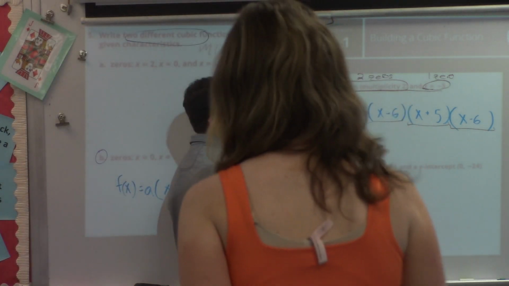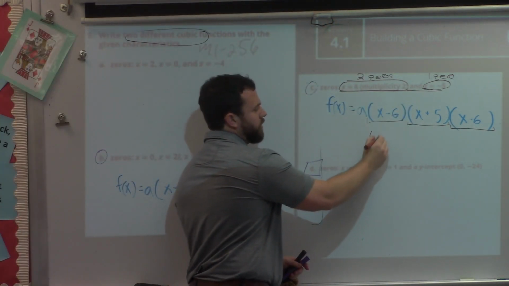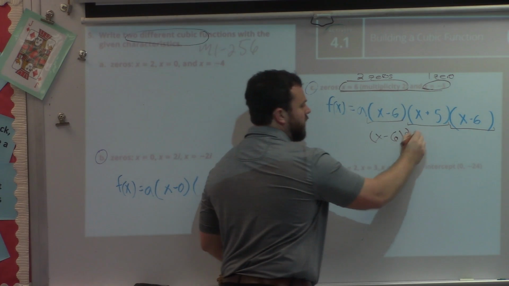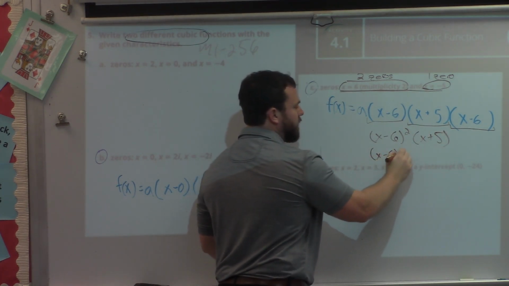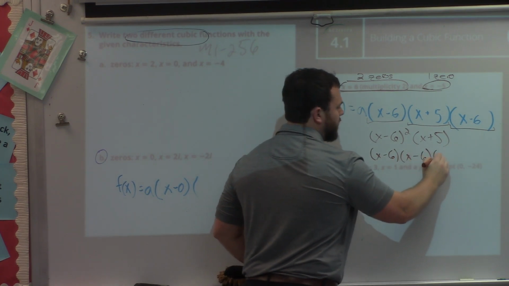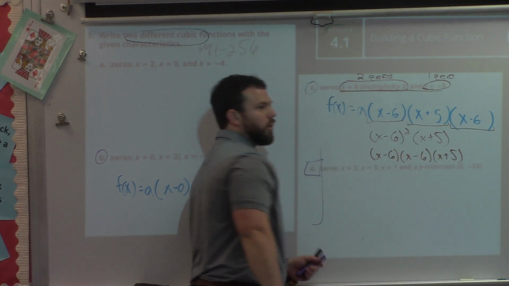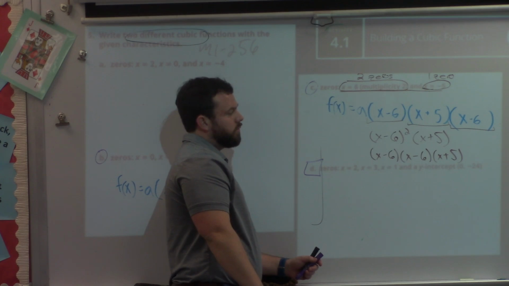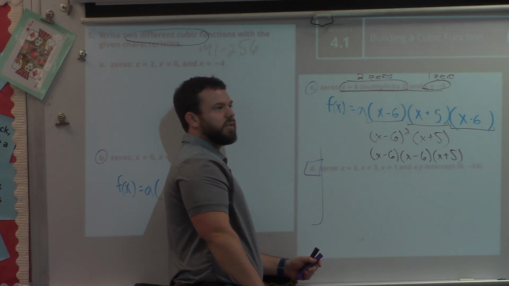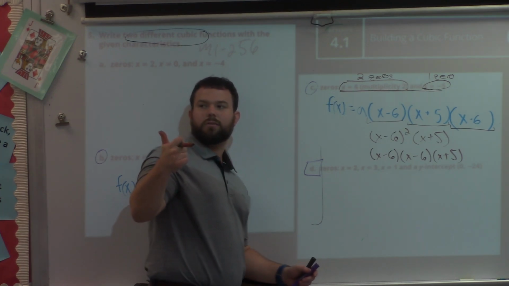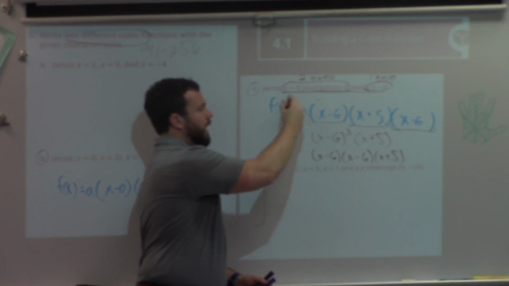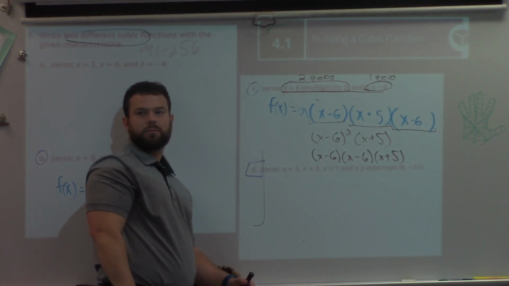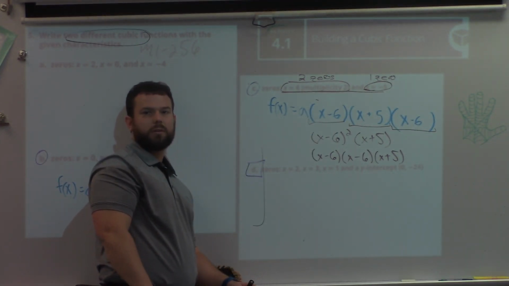Some of us wrote x minus 6 squared times x plus 5. I saw x minus 6 times x minus 6 times x plus 5. Do all those work? Do those give us a 0? Does this give us 2 zeros for x equals 6 with a multiplicity of 2? 100%, right? All those do.